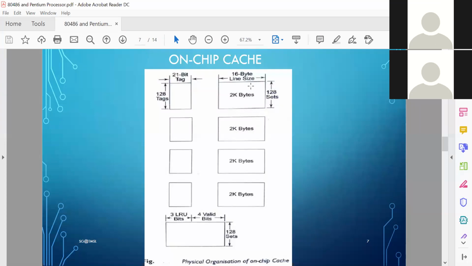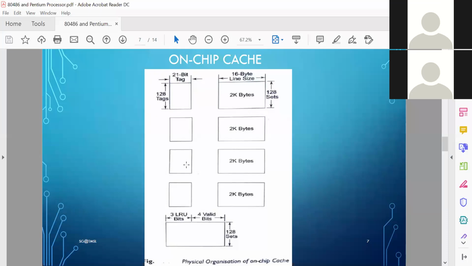That is, each of the 128 rows contains 16 bytes. Each of the 128 rows is associated with a 21-bit tag register. The cache is referred to by the row number and block number.